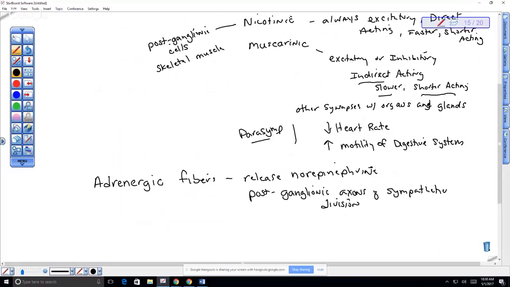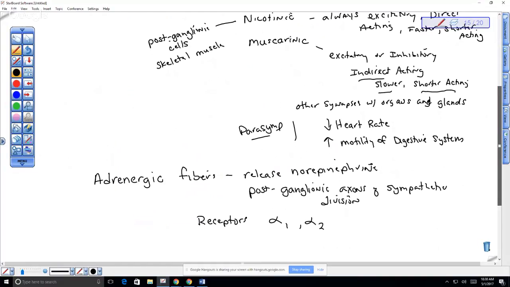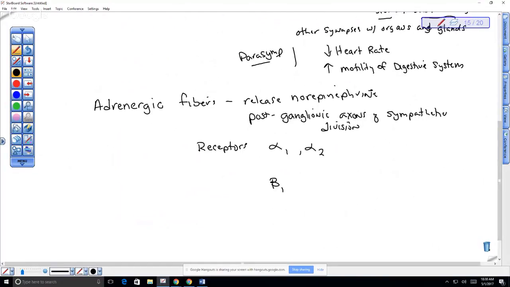Okay. When we look at the receptors, they do not nearly have as cool names as the muscarinic and nicotinic, because they are just labeled alpha 1 and alpha 2, and then beta 1, beta 2, and beta 3.